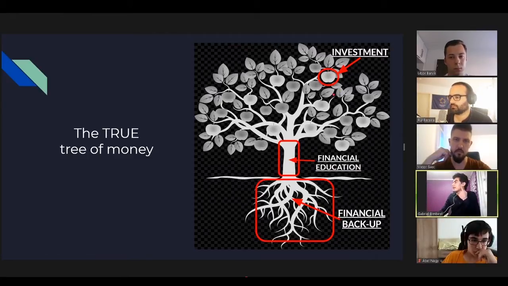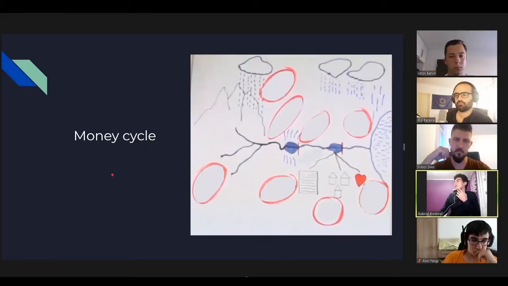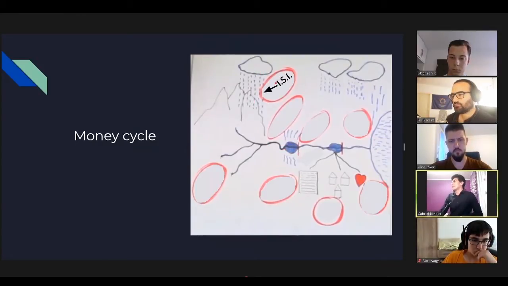All right. After this, we have the money cycle. In nature, you know the water cycle with rain, with streams, with dams. This is a dam, another dam, and this is the ocean. I will tell you what this means. The rain means the unstable income, the income that you are not sure about.